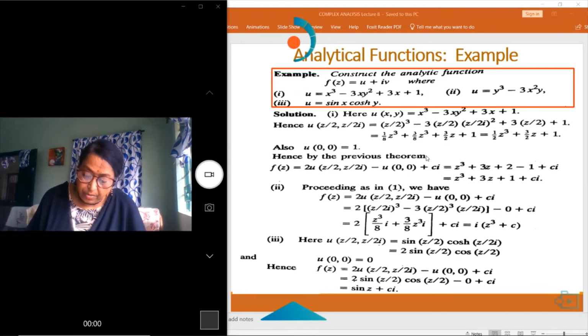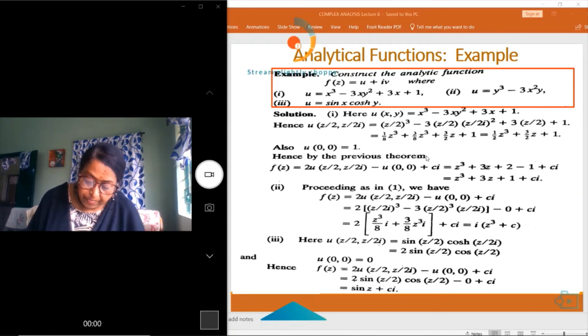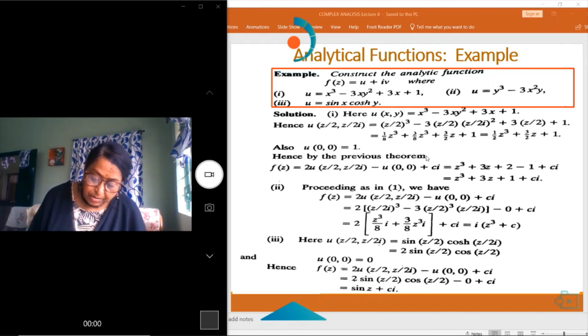Now u(z/2, z/2i) can be written as (z/2)³ − 3(z/2)(z/2i)² + 3(z/2) + 1.